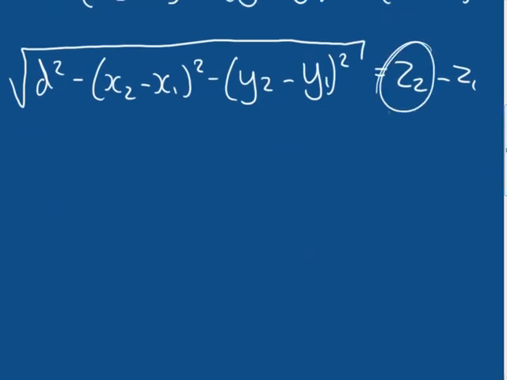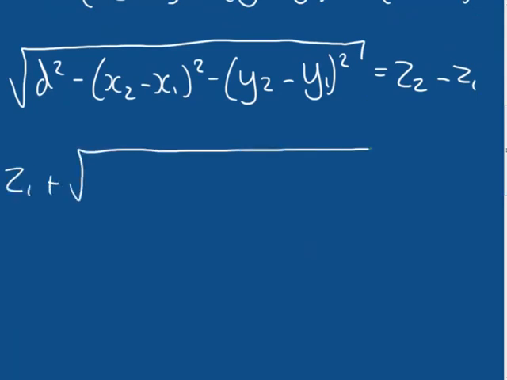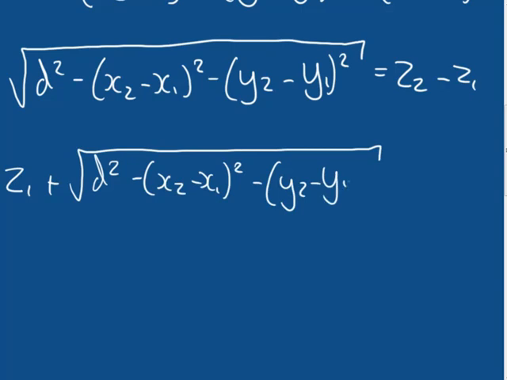I want to get z2 on its own, so I'm going to add z1 to both sides to cancel this subtract z1. And just so that it's written a little more clearly, I'm going to put z1 plus the rest of this. So z1 plus the square root of d squared minus (x2 minus x1) squared minus (y2 minus y1) squared is equal to z2.